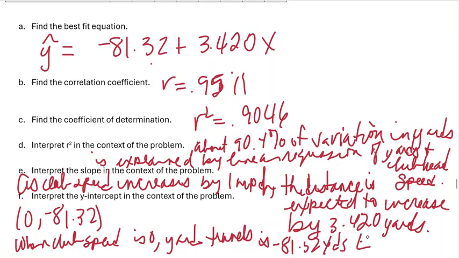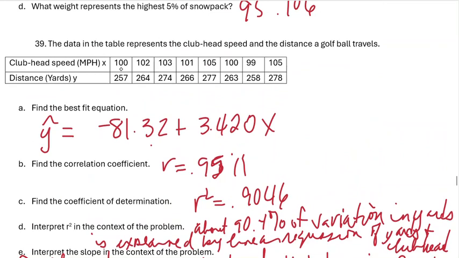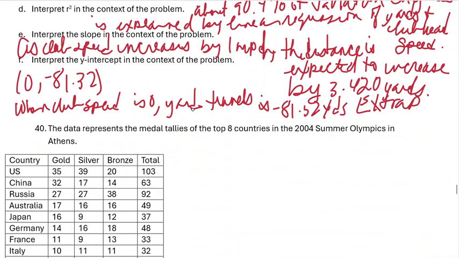This is extrapolation. Remember, if you look at the original data, 0 is not one of the x coordinates. We can only plug in values from 99 to 105 into this equation.